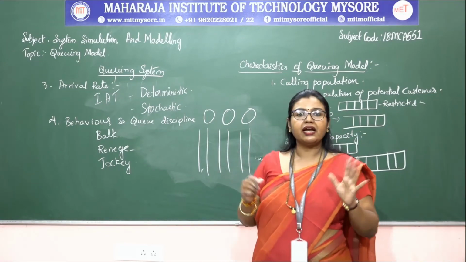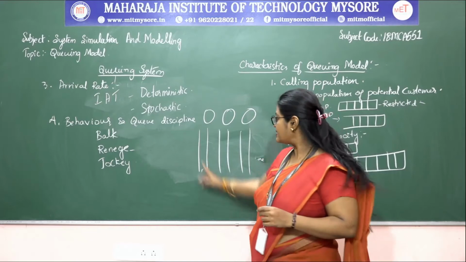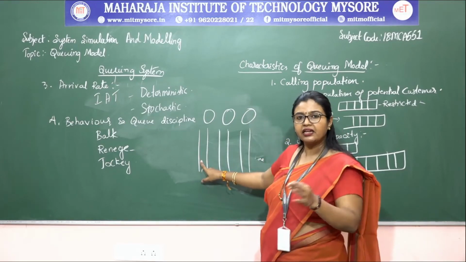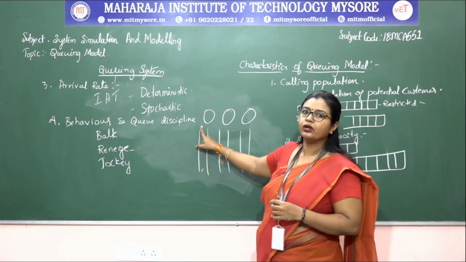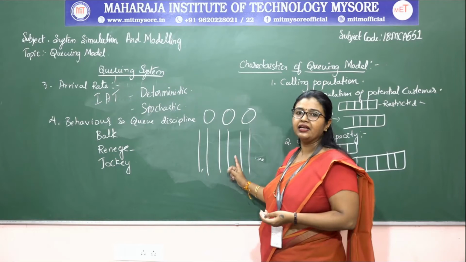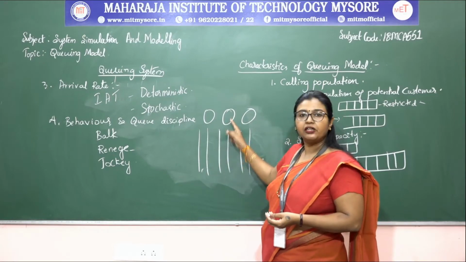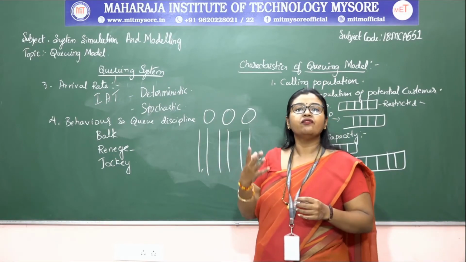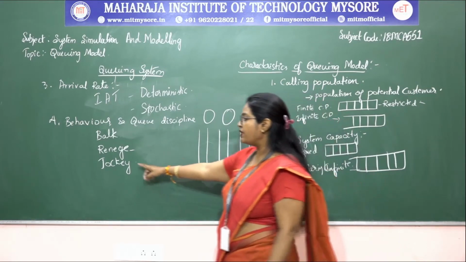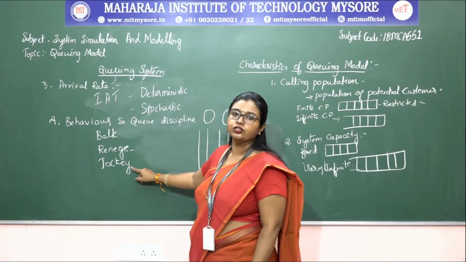That means if he thinks that his line is going very slowly, then he will think of jumping to another line that is going to give the service very quickly. So that scenario or that behavior is called a jockey.